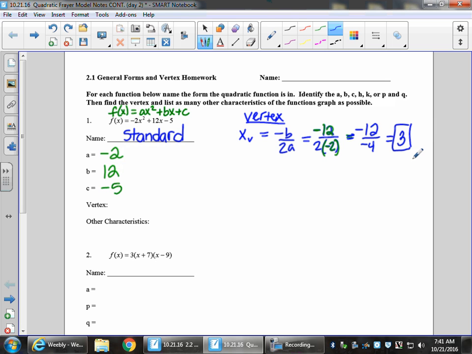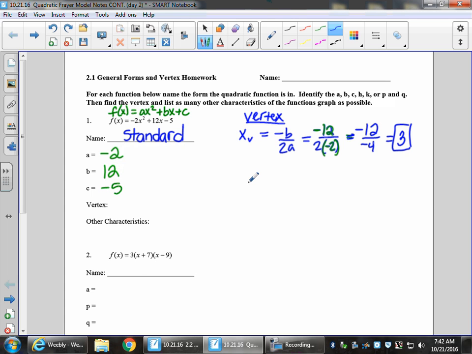Am I done finding the vertex? No. What do I still need to go find? The y value. How are we going to do that? Careful. C is the y intercept. How do we find yv? Reason.